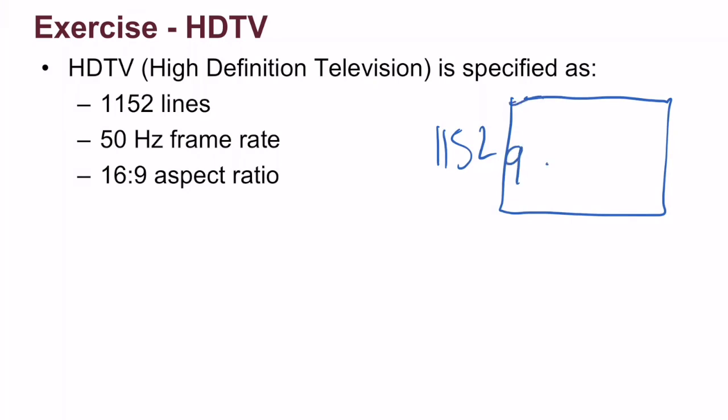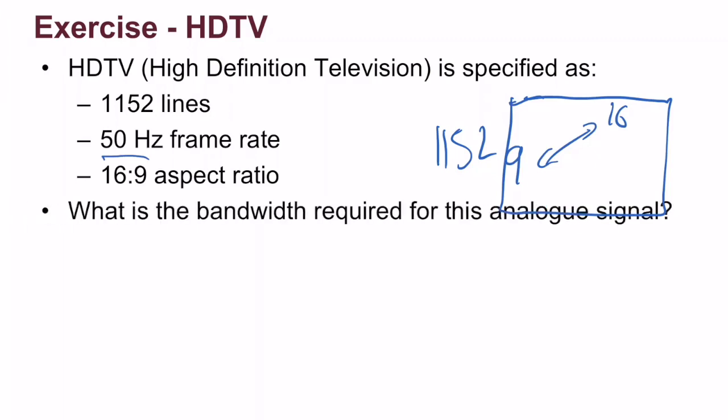So the height is going to be a ratio of 9 to 16 between the height and the width. And this time we're actually going to go for a proper 50 Hertz frame rate. So I'm going to leave you to work out what is the required bandwidth to send this signal if we sent it as an analog signal.